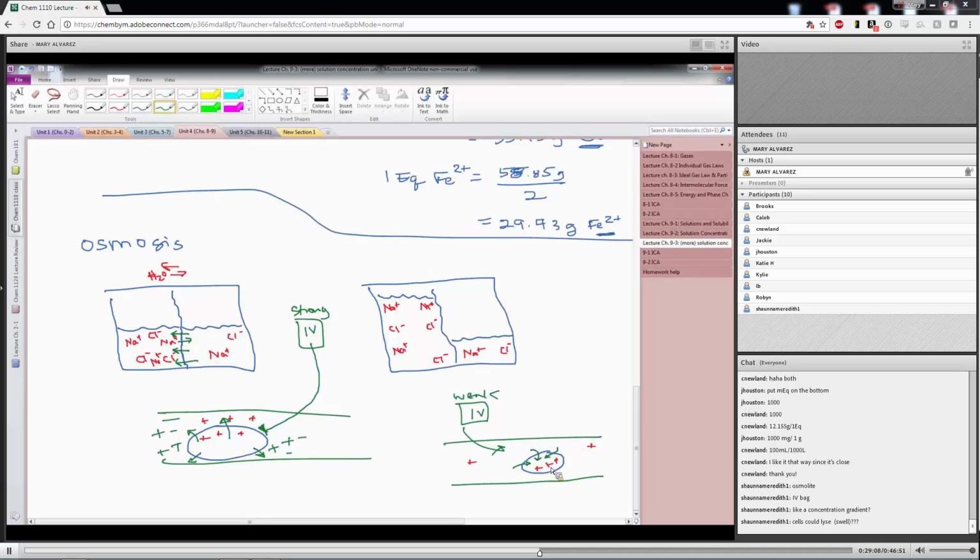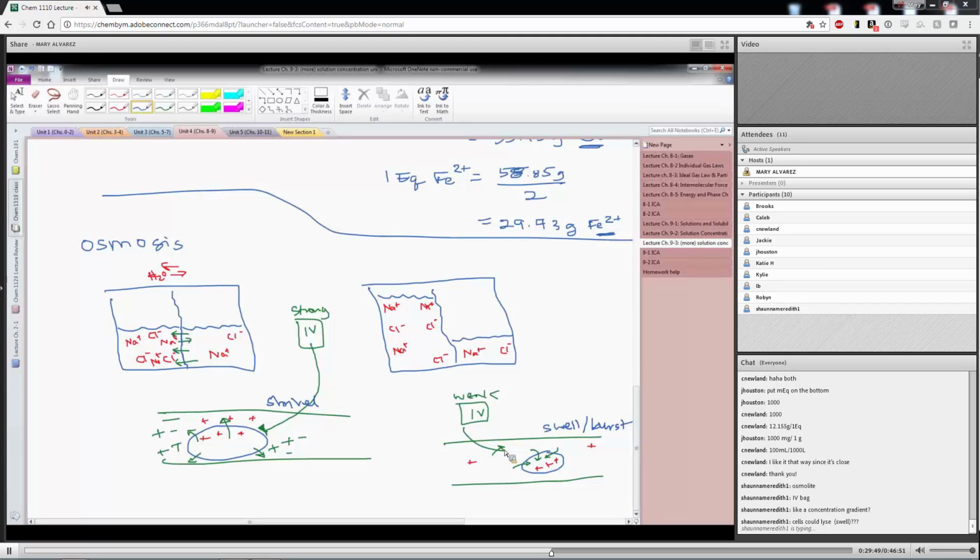And in this case, your cells, red blood cells, will swell and burst and die. Whereas this case, they shrivel and die, okay? So it's important to have an IV bag then that is essentially giving you the right concentration of ions so that your red blood cells don't shrivel or burst and die, because that would be a problem, right?